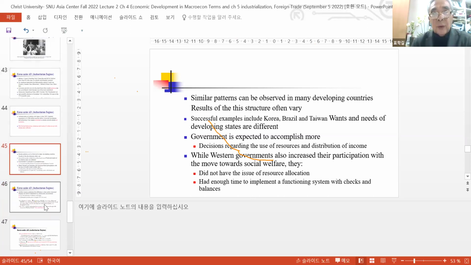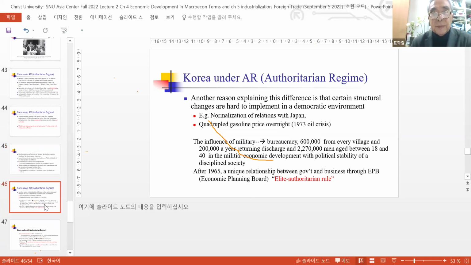So Korea under an authoritarian regime: another reason explaining this difference is that certain structural changes are hard to implement in a democratic environment. For example, normalization of relations with Japan. Korea quadrupled the gasoline price overnight in 1973.